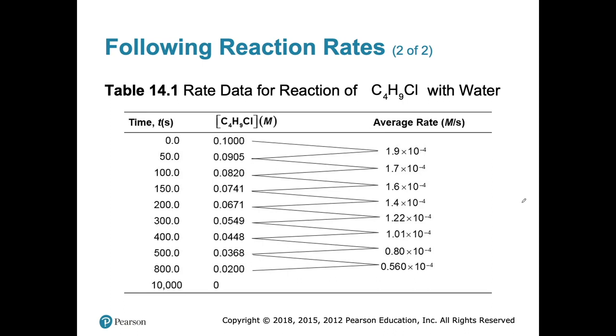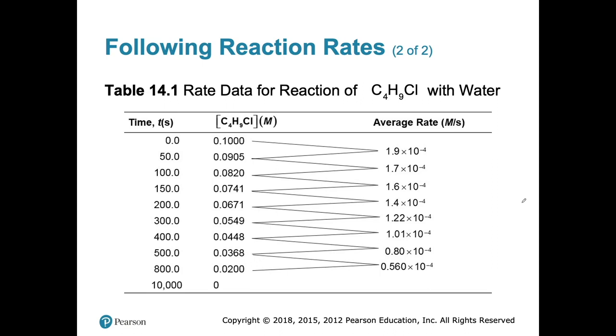Notice the units of the rate of reaction. It's not meters per second, is it? It's molarity, molar per second. That's the change in concentration over time. Big M is always molarity. As time passes, the concentration of chlorobutane gets smaller.